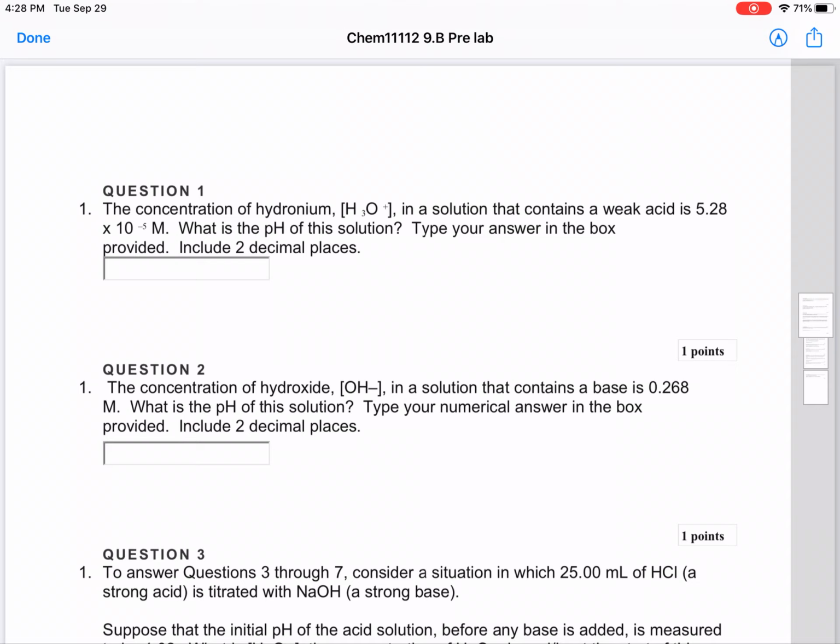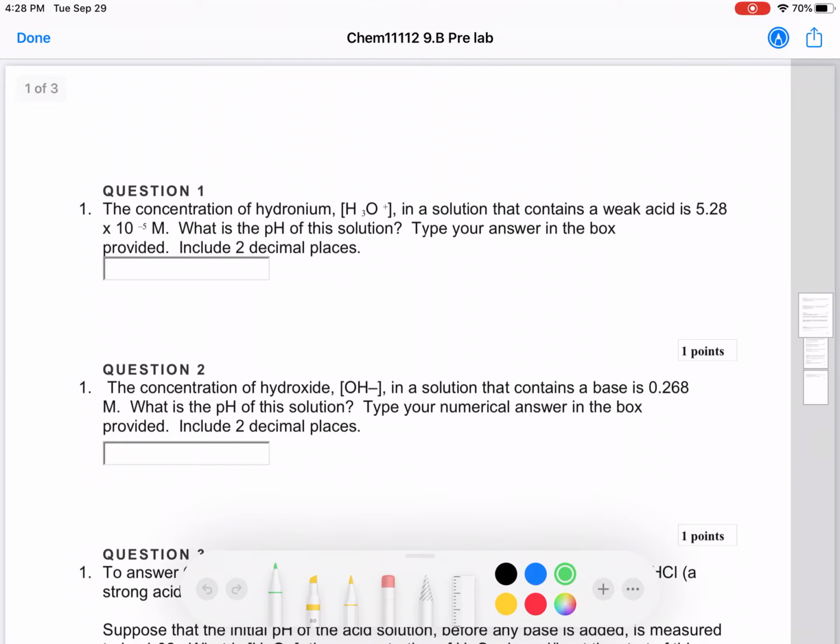in a solution that contains a weak acid is 5.28 × 10^-5 molar. What is the pH of the solution? So a strong acid, if you take a strong acid, it would completely dissociate to give you ions, right? For example, HCl is a strong acid.